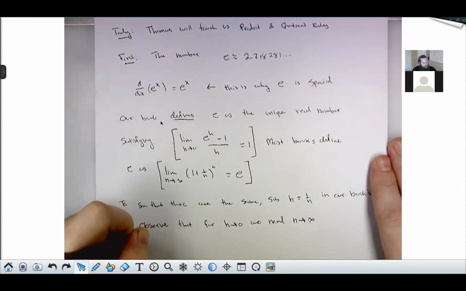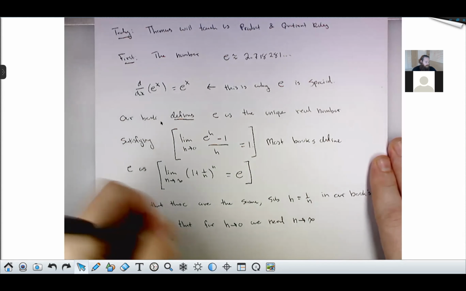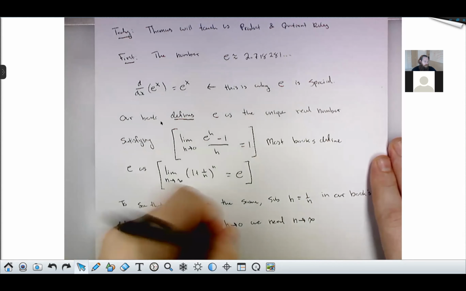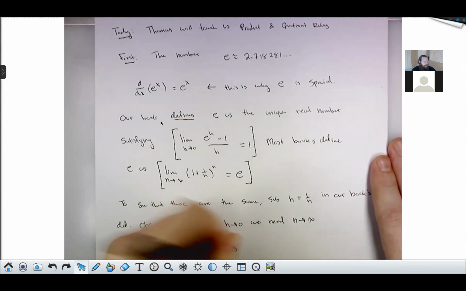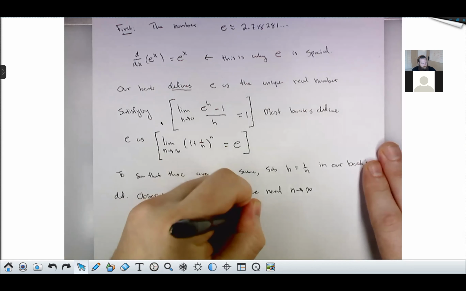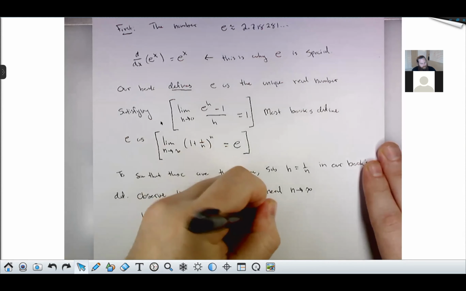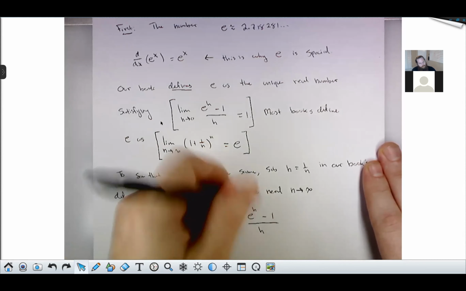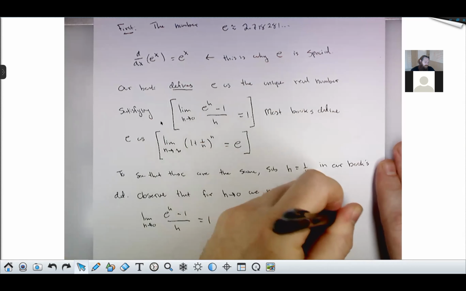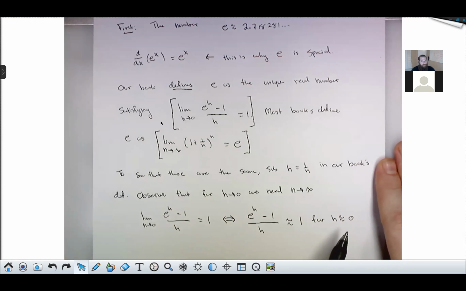So if the limit as h goes to 0 of (e to the h minus 1) over h equals 1, that means the same thing as saying (e to the h minus 1) over h is very close to 1 for h very close to 0, right? If h gets really, really close to 0, then this thing should get really, really close to 1. That's what it means to say the limit of this thing is 1.